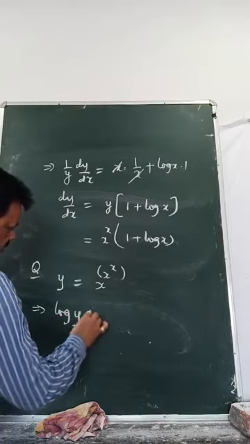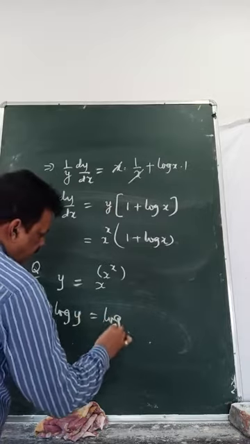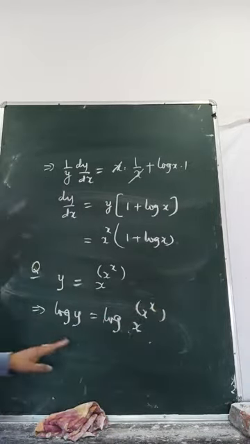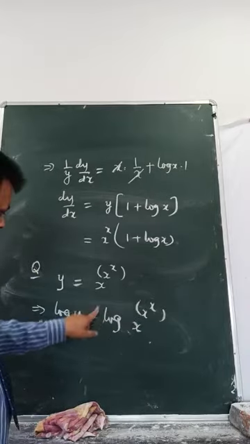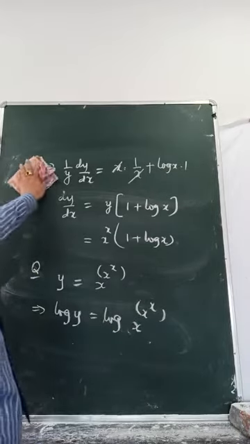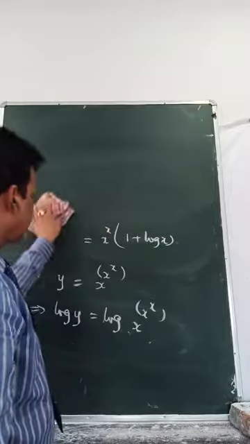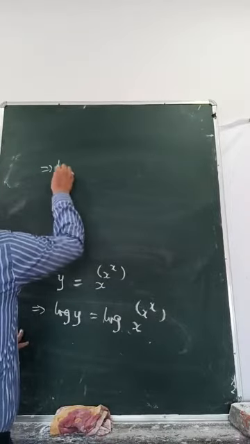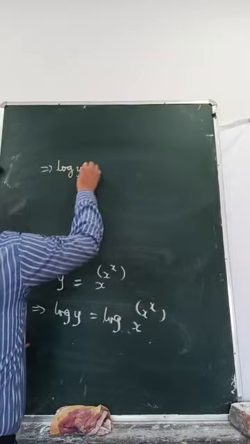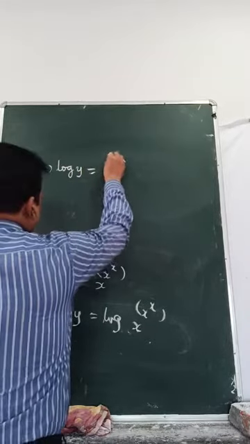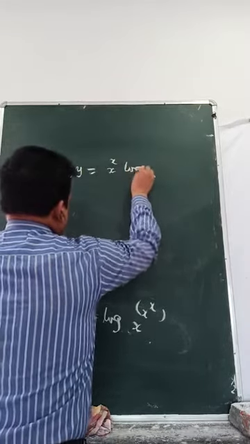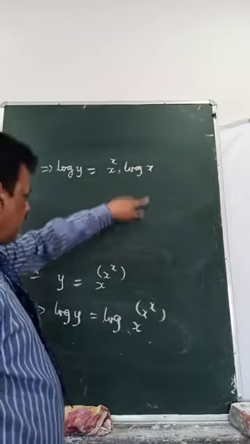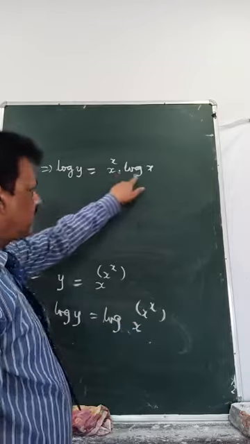Log y is log of x to the power x to the power x, so the power will come to this side. You get log y equals x to the power x log x.